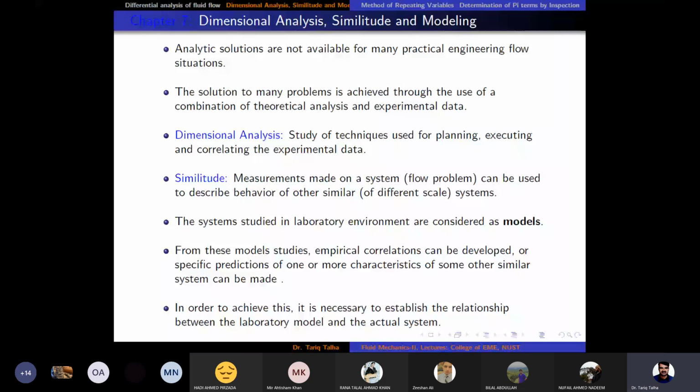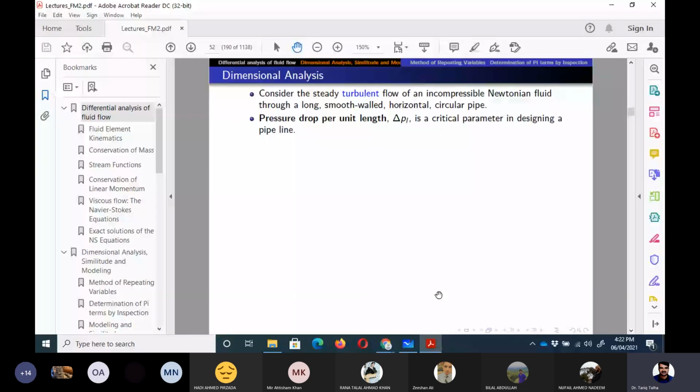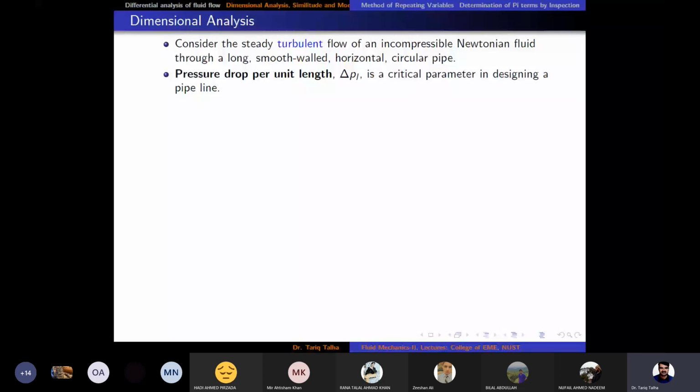As an example, let's consider turbulent flow, not laminar flow, which is streamline flow. For turbulent flow through a circular pipe, there is no exact solution at all, because there are fluctuations.